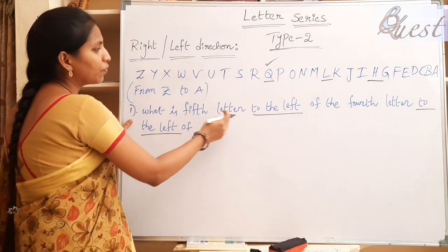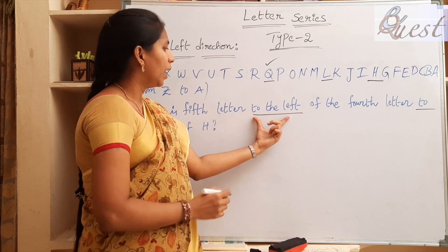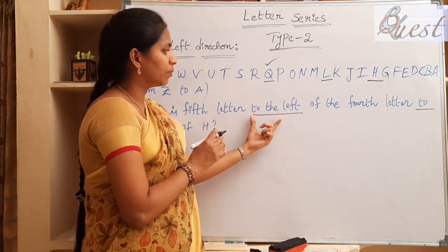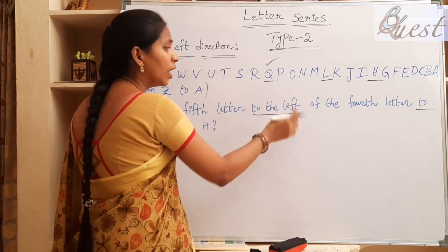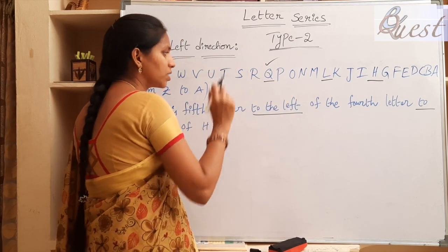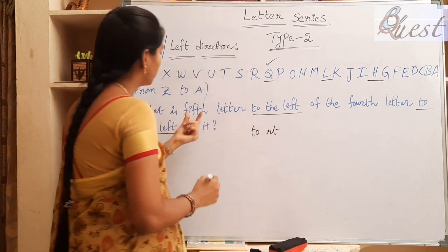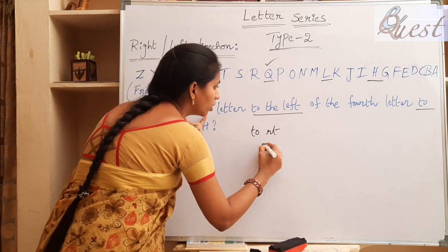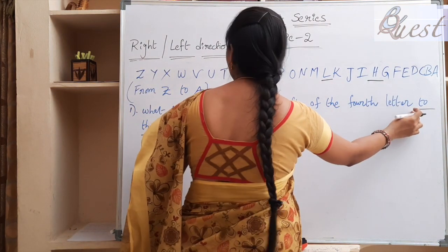See, what is the fifth letter to the left? First of all, here in the question given to the left, change this direction. In the place of left, right side. To the left means to right. Fifth letter to the right of the fourth letter to the left.